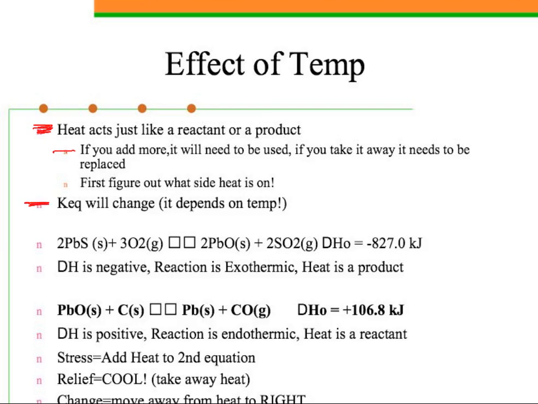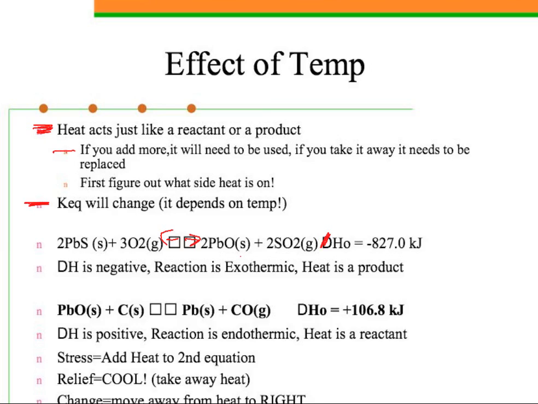So here we have a chemical equation. We have 2 lead(II) sulfide solid added to 3 oxygen gas molecules. We have our double-sided arrow going to 2 lead(II) oxide solids plus 2 sulfur dioxide gases.